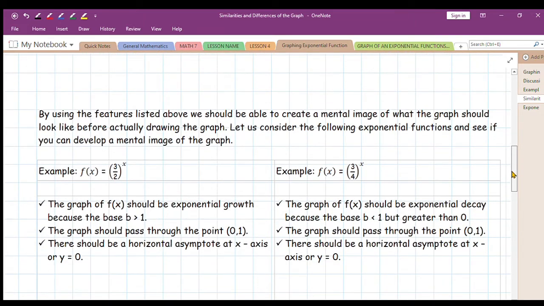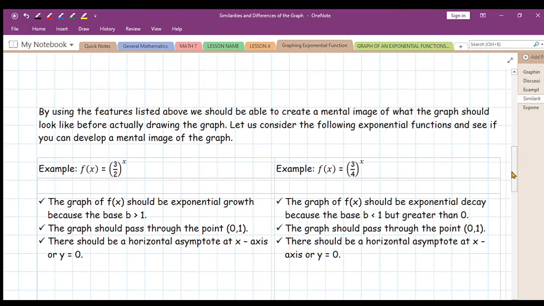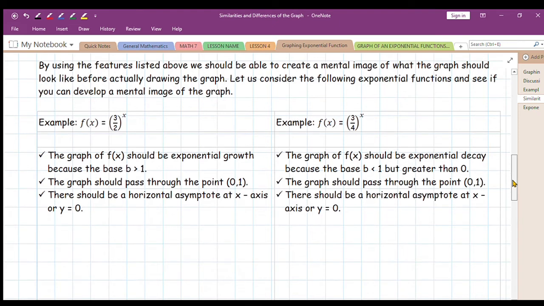Now, by using the features listed above, we should be able to create a mental image of what the graph should look like before actually drawing it. So let us consider the following exponential functions and see if you can develop a mental image of the graph. If we have this example, f of x equals 3 over 2 raised to x, we need to take a look at the base.